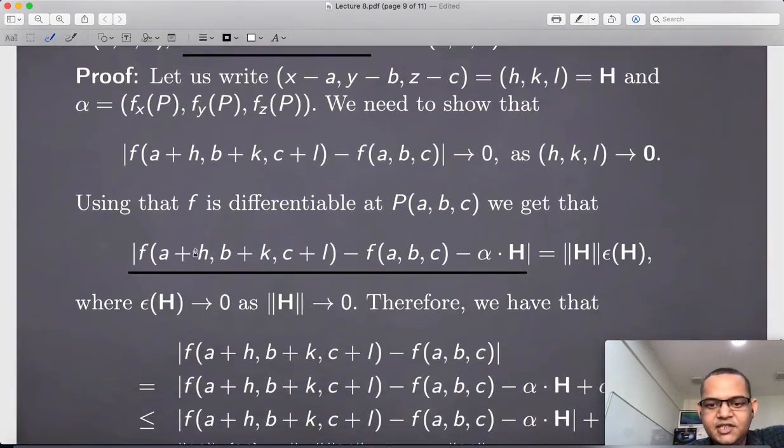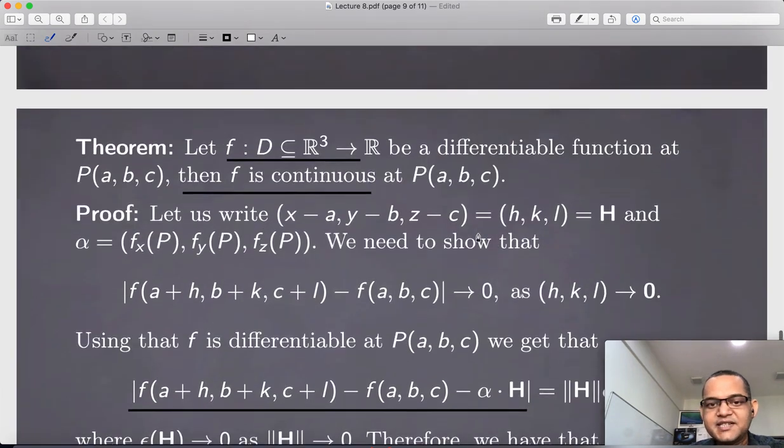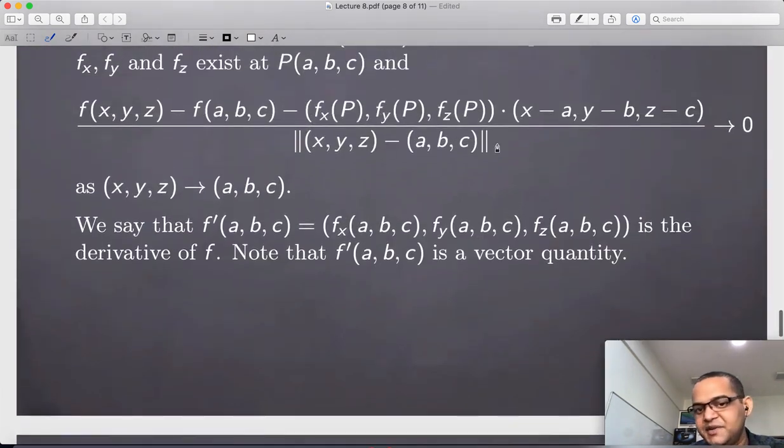The quantity in the numerator is basically this, with these new notations: alpha is the vector of partial derivatives evaluated at P, and h is this. And we know that this quantity goes to 0 faster than the denominator, isn't it?